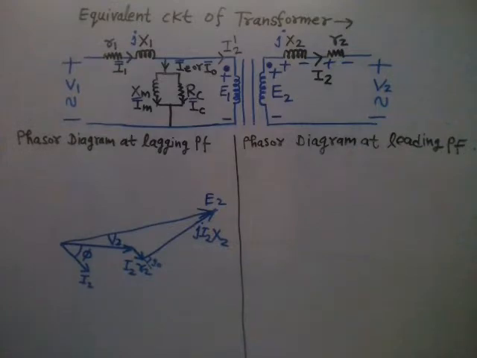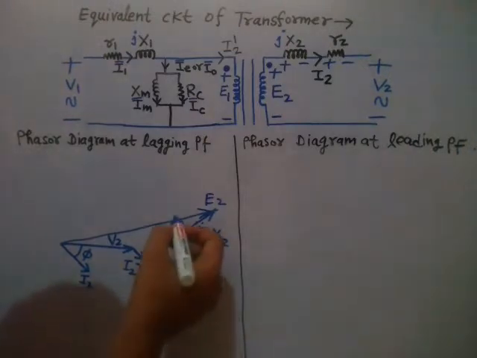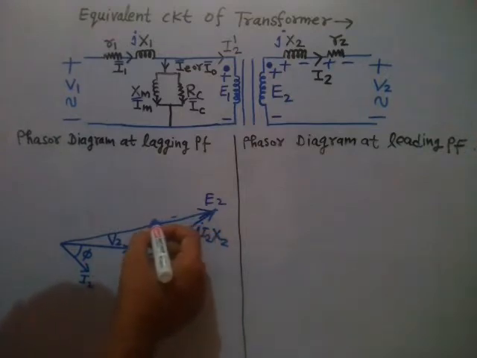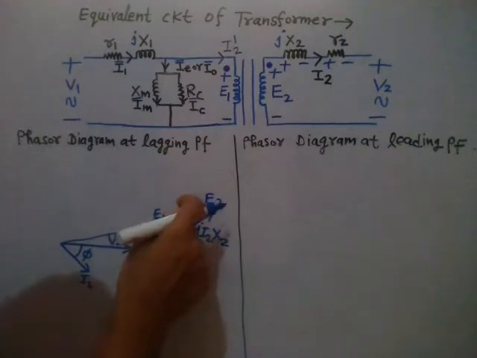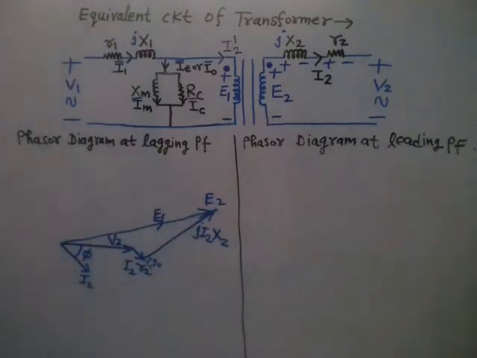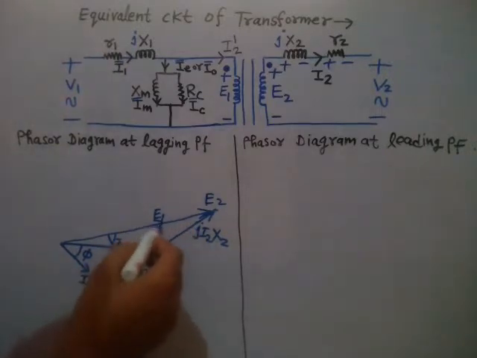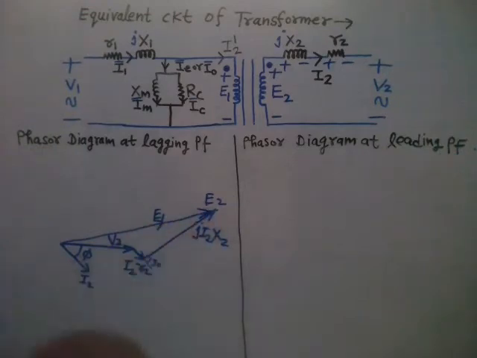So let us say in the primary there are fewer turns. If I say N1 is less than N2, in that case E1 will be less than E2. So E1 will come somewhere around here, right? Because you are assuming that E1 is less than E2, because N1 is less than N2. It can be more also, but for simplicity let me assume N1 is less than N2, so E1 is less than E2.